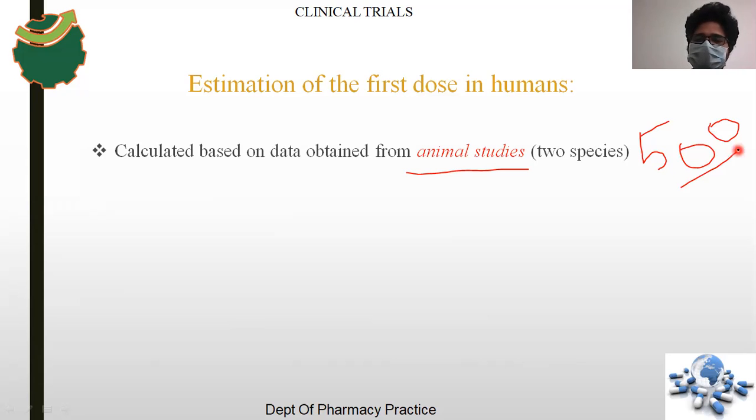We'll use 650 mg first and see. Then we'll use 750, there is no problem, then 850, then 1 gram, and we'll see. Like that, we extrapolate the dose from animal to human.